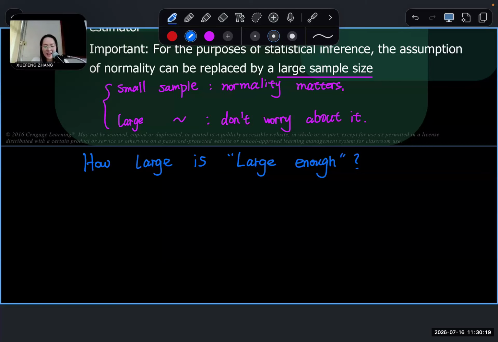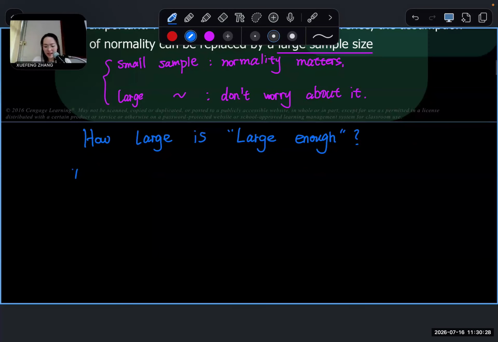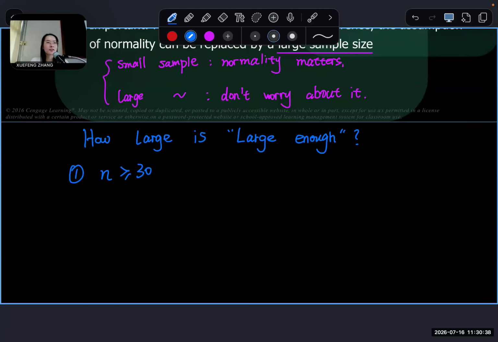We don't have any law or theory to say this, okay? But a common rule of thumb is if your N, your observations, is greater than 30 for sample cases with well-behaved error.